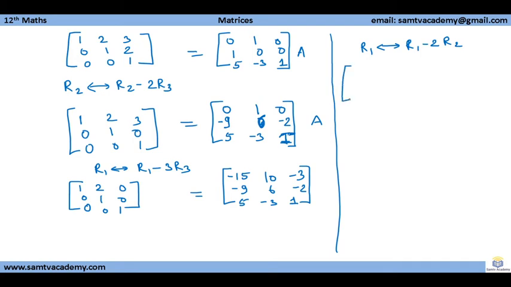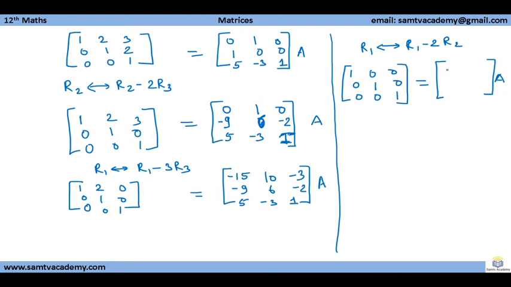Now this side it will become 1 2 minus 2 is 0 0, this side 0 1 0 and 0 0 1, and a similar operation we will perform here. Forgot to write A, you have to write it in every step.